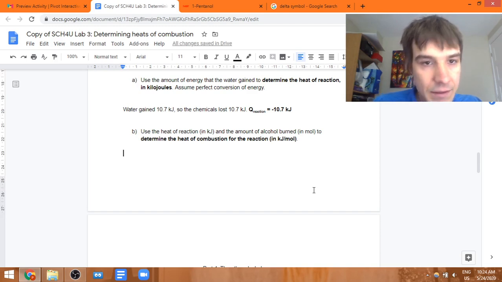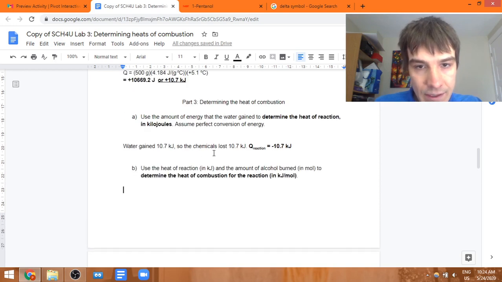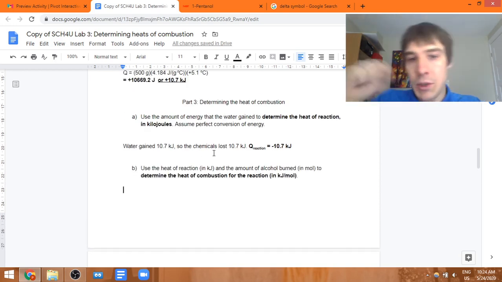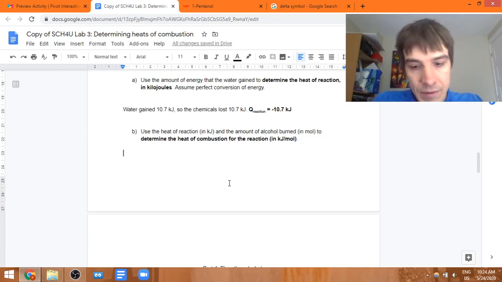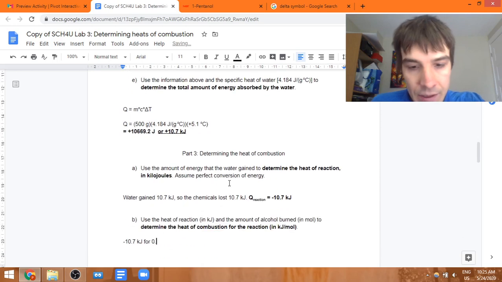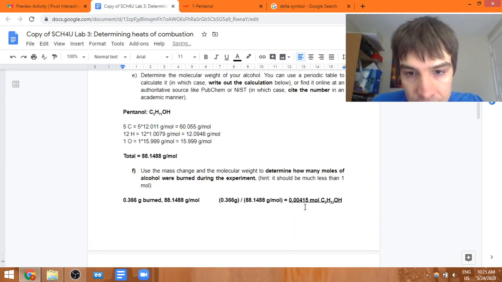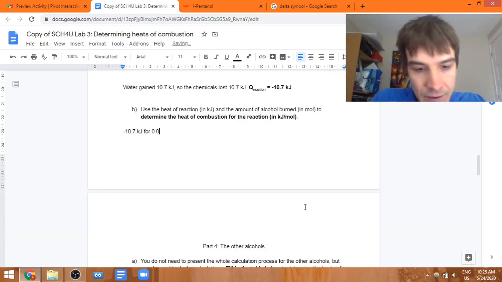We want to figure out delta H, and that's going to be kilojoules per mole. So we have our kilojoules, we have our number of moles, so we have negative 10.7 kilojoules for 0.00415 mole is equal to, and then we just divide them by each other.